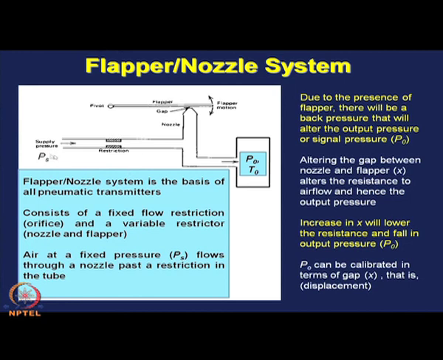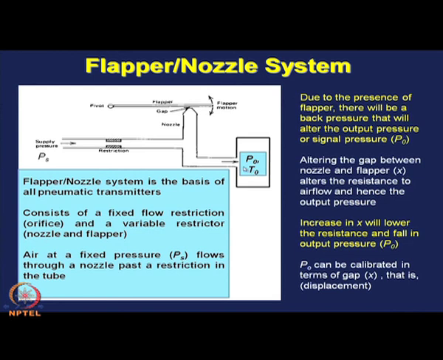Air at a fixed pressure, say Ps, flows through the nozzle past this restriction given by the orifice. Due to the presence of the flapper, there will be a back pressure that will alter the output pressure or signal pressure.